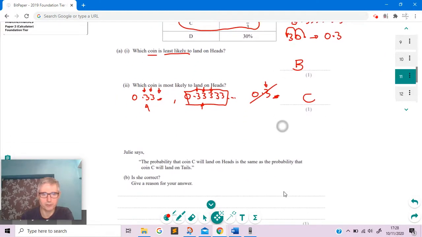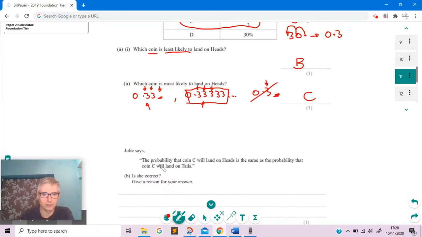So moving on with this question. So Julia says the probability that coin C will land on heads is the same as the probability that coin C will land on tails. Is she correct? Well, we might think that she was initially, because on an unbiased coin, then the probability of heads is 0.5, and the probability of tails is 0.5, so it's equal, but that's only on an unbiased one.